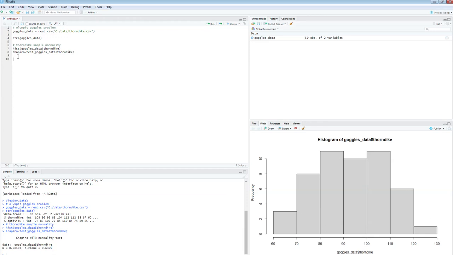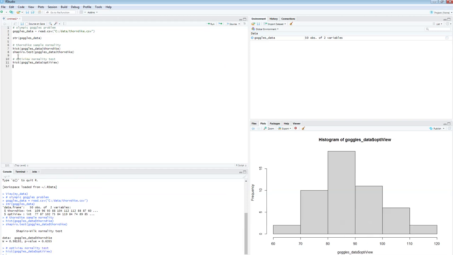How about the second sample? I'm going to say OptiView normality test. Okay. And that would be, again, let's go with histogram, right? So same, goggles data, and the column is now OptiView. Well, that's actually pretty nice, right? Fairly normal looking. Okay.